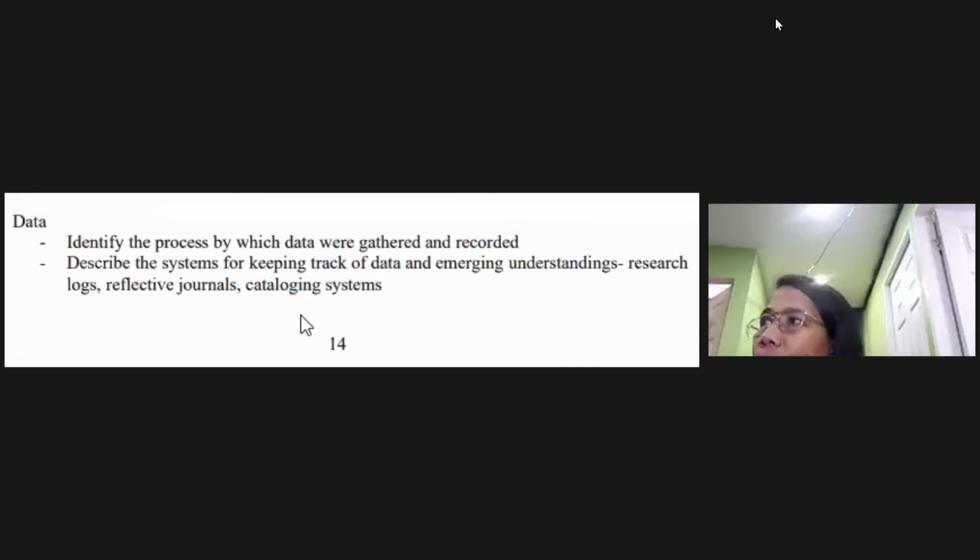So in data, identify the process by which data were gathered and recorded. Describe the systems for keeping track of data and emerging understanding, research logs, reflective journals, cataloging systems. No?